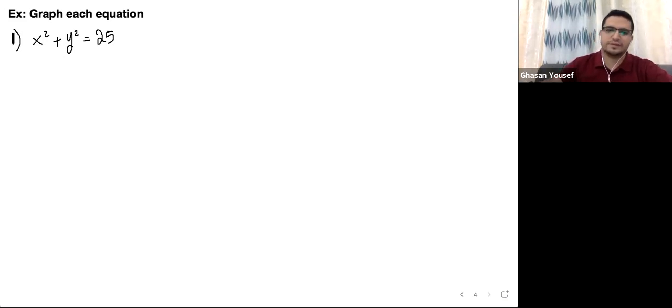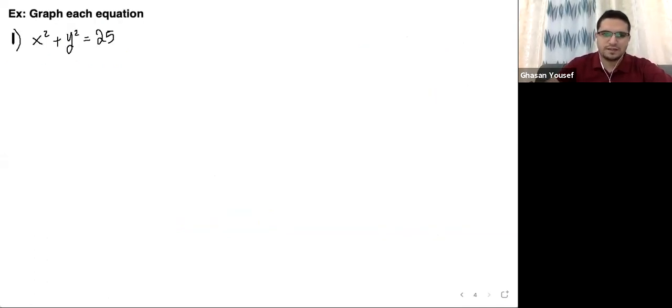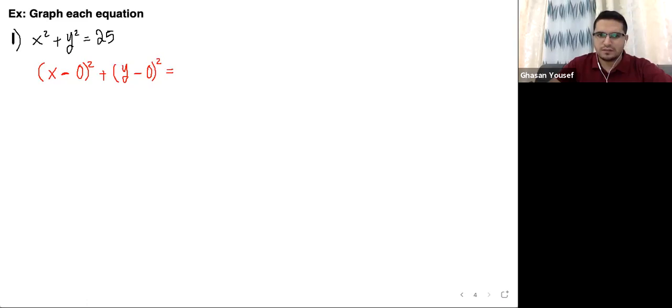Yes, this is correct. Why? Because if I want to rewrite this equation like the general formula for the circle equation, I'm going to write it like this: x minus 0 squared plus y minus 0 squared equals the radius squared.